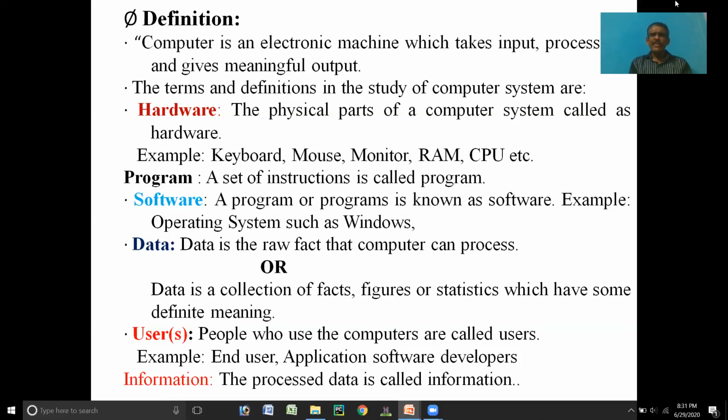If that figure is mistakenly minus 80, mathematics score is minus 80, is it correct? No, because it is invalid. We know that subject marks start from 0 to 100, but it is mentioned as minus 80, which means it is wrong. That's why I am saying that it may be a value or a statistic or a fact which should have some definite meaning.